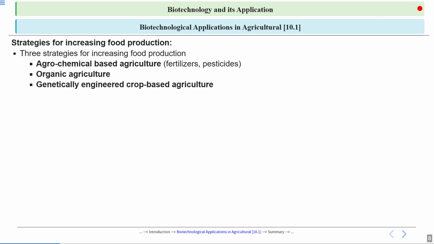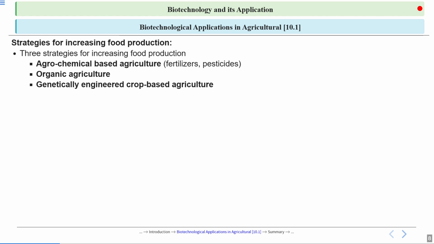So there are three strategies, as I told you: conventional agriculture, that is agrochemical based agriculture, which we have used from very early on, in which we use chemically synthesized fertilizers and pesticides. Even today many people use chemically based fertilizers and pesticides to increase crop yield and protect it from pests. Second is organic agriculture, which has shown how we can practice agriculture organically.